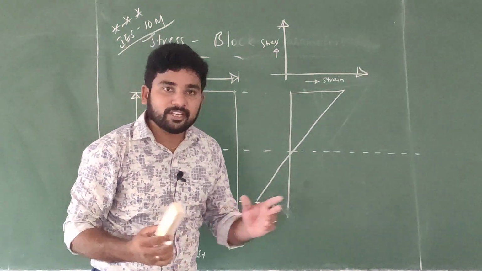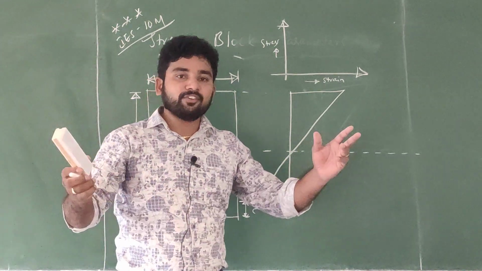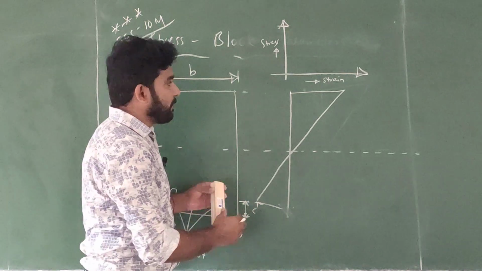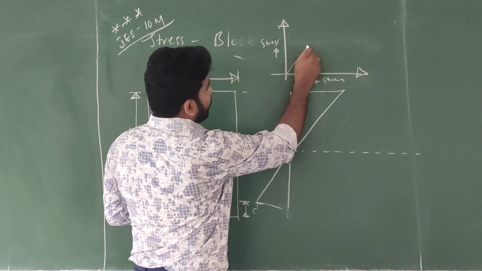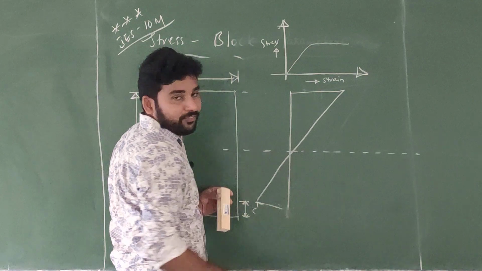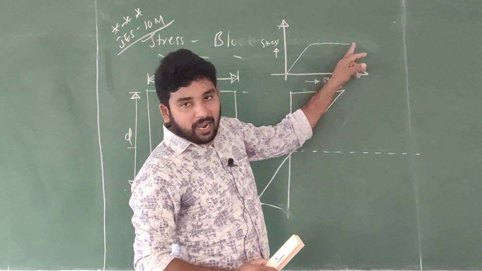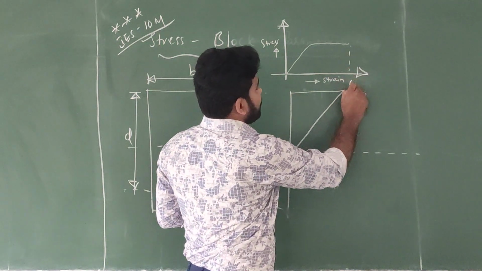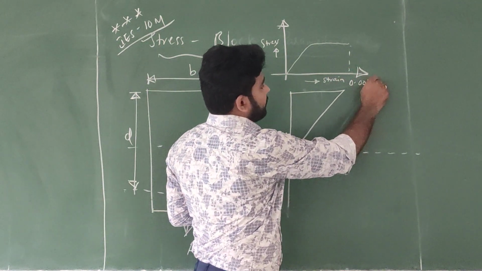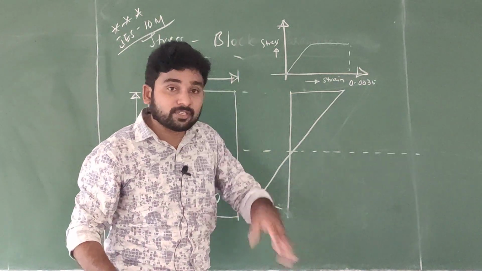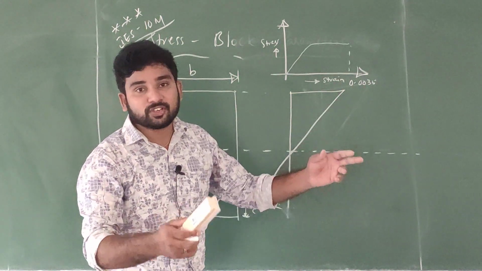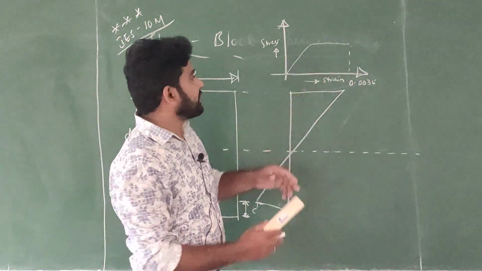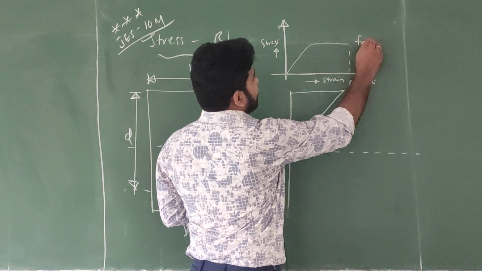Concrete is a brittle material; it won't give any warning, it will take the load and fail suddenly. The ultimate strain for concrete is 0.0035, as also assumed by Euler-Bernoulli. What is the ultimate stress? fck.